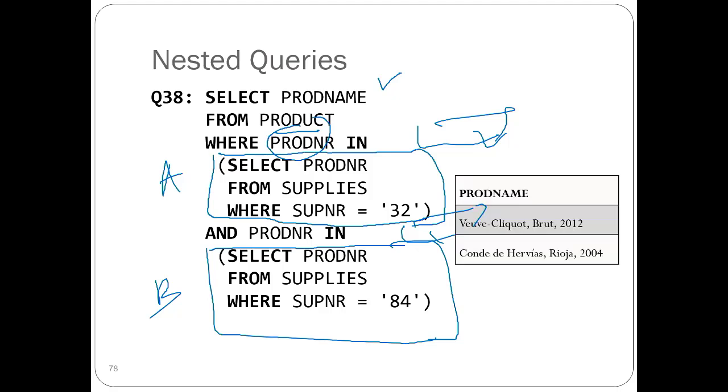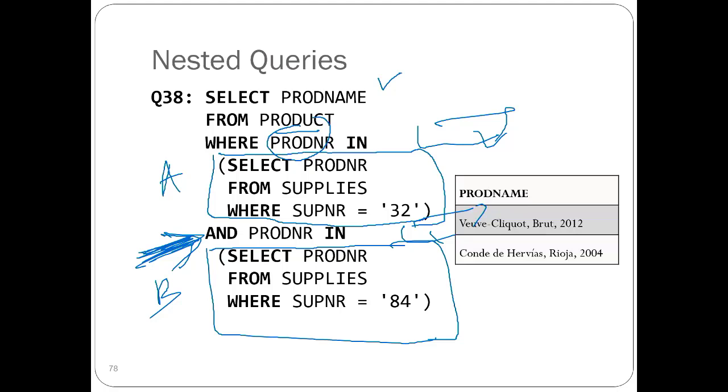When you're selecting the product name and looking at each tuple in the product table, you check whether the product number occurs in this list as well as in the other list. Why should we be concerned about "as well as"? Because look at this.